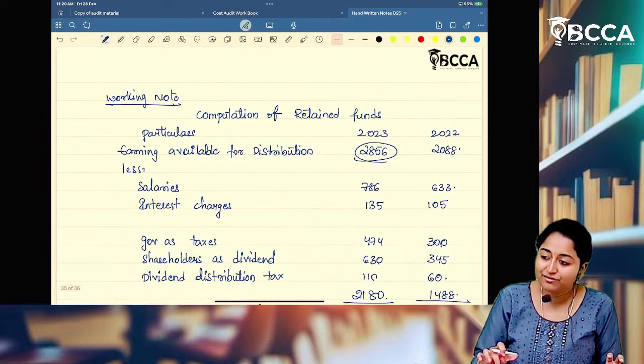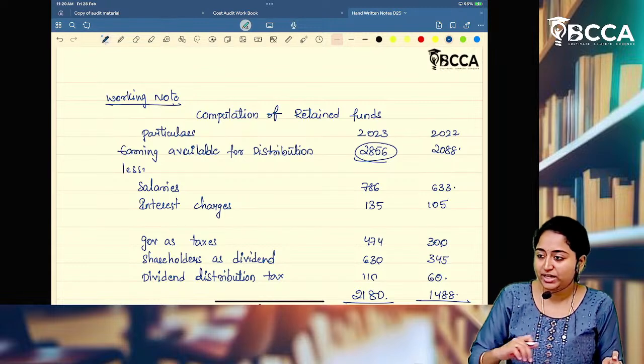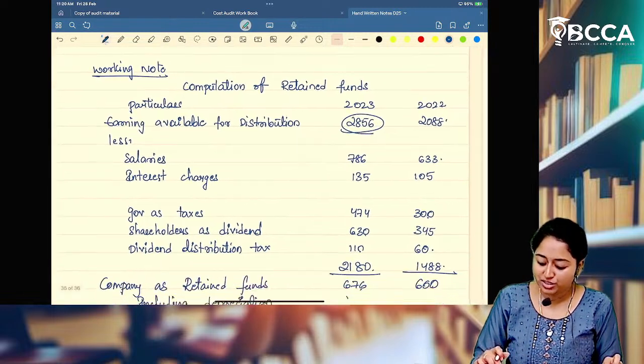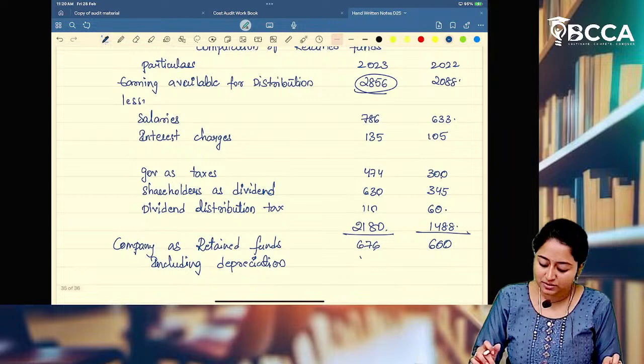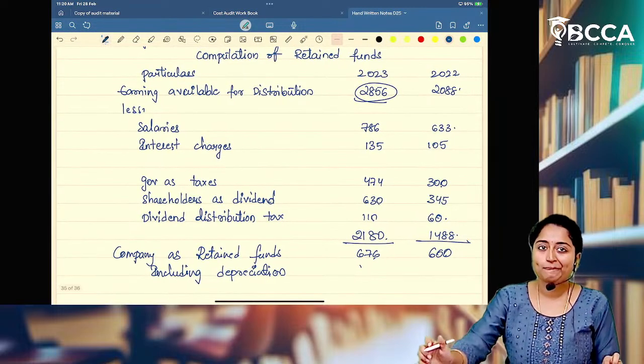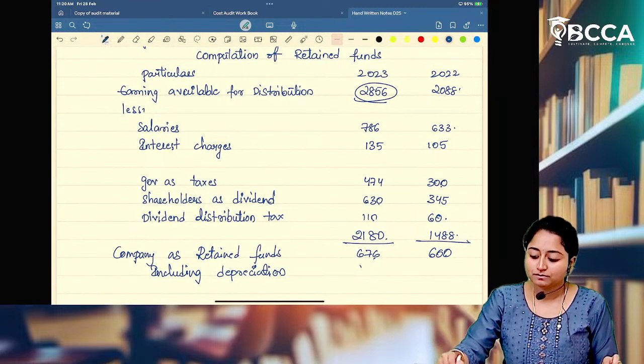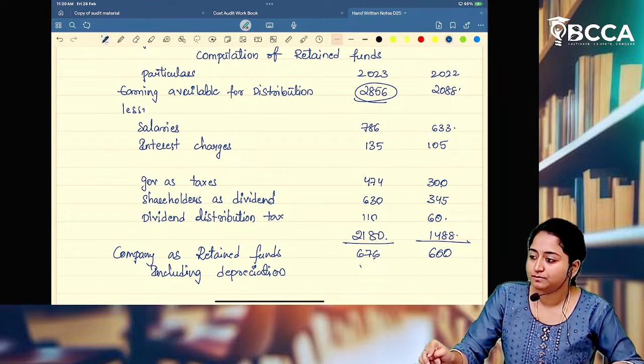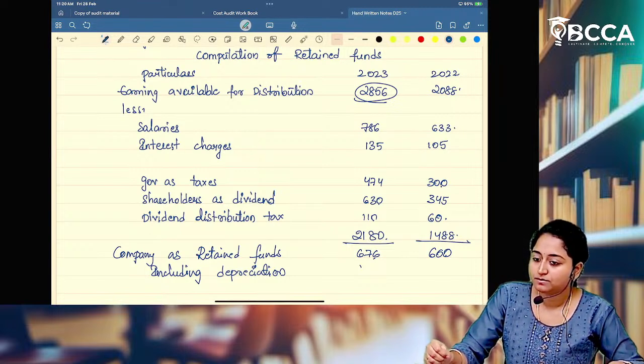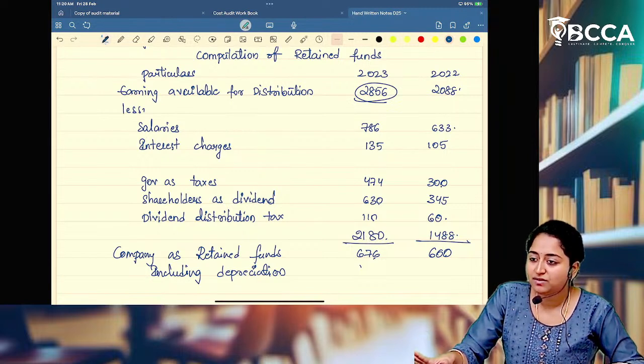You have to do the working note for that, and then write it as earnings available. Clear? Any doubts? No doubts in solving this problem, right?